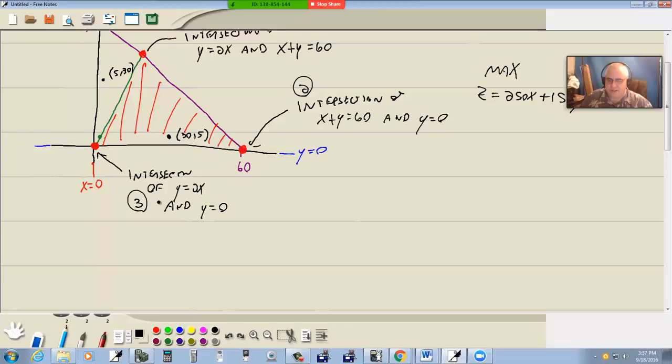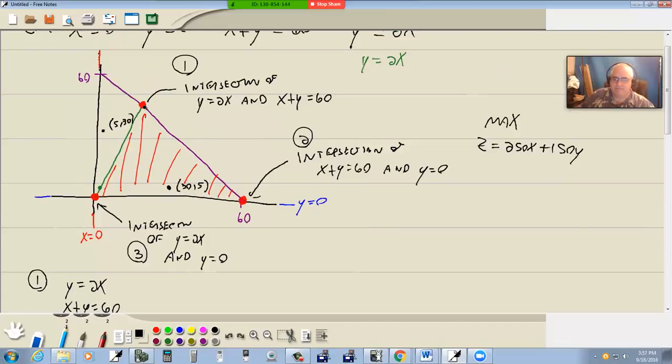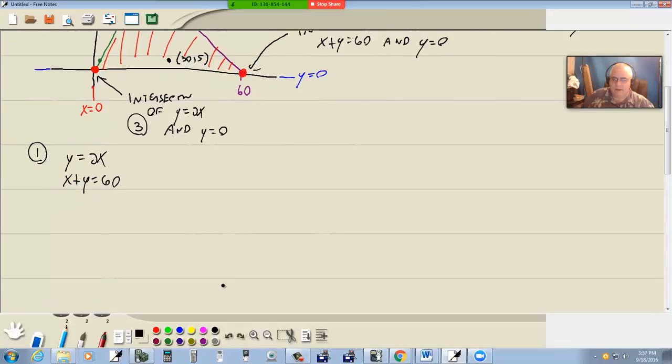Now 2 of these you can just look at and see the answer. But we said the intersection of y is equal to 2x and x plus y is equal to 60. That's for our first point right up here. Okay, well, I'm going to use substitution because this is already solved for y. It says y is equal to 2x, so we're going to replace the y in the other equation with 2x.